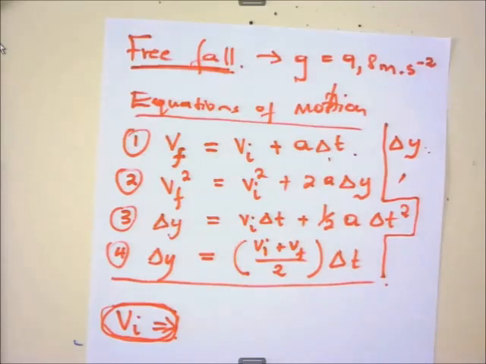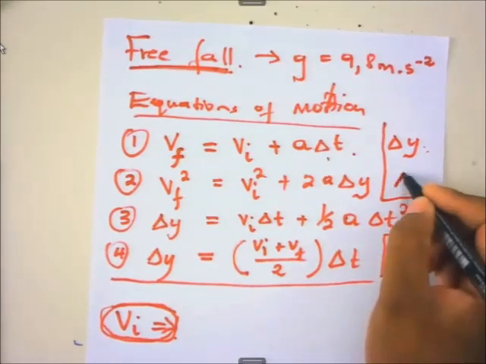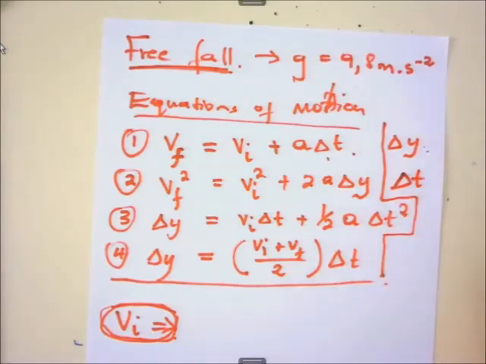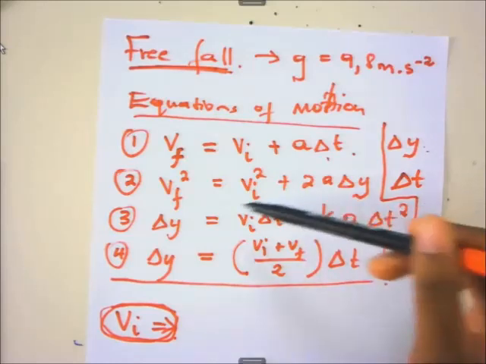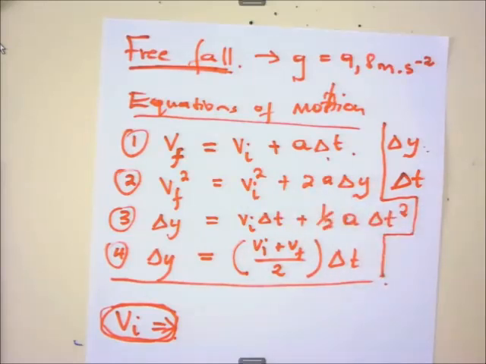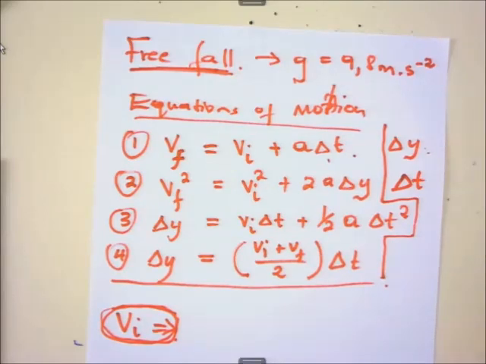And then when we look at equation number 2, it does not have delta t. So if the question says calculate the time taken, you cannot use equation number 2 because it does not have time. So it is very important to know your physical quantities, to know your symbols, so that you are able to choose the correct equation.